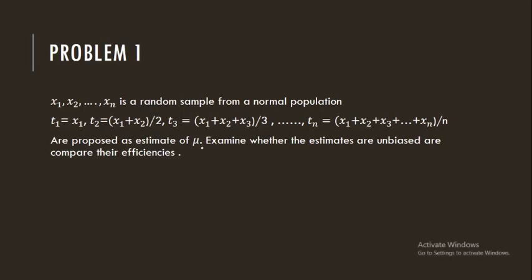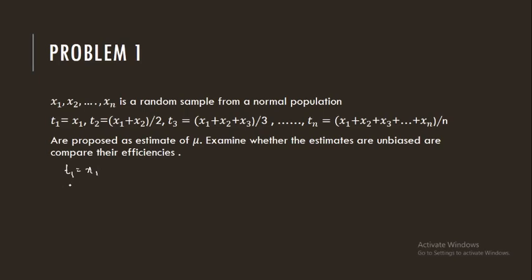So let's first check whether they are unbiased estimators of mu. I hope you all know how to check unbiasedness, but again I will show you with regard to this particular problem. Let's look at our first statistic T1, which is equal to x1.